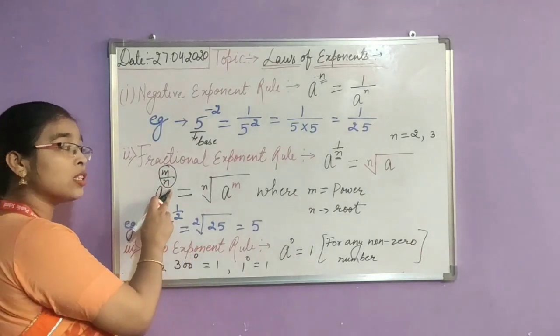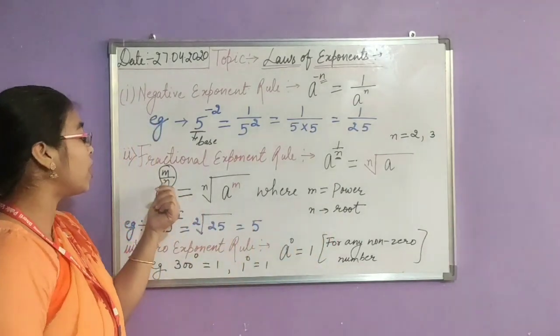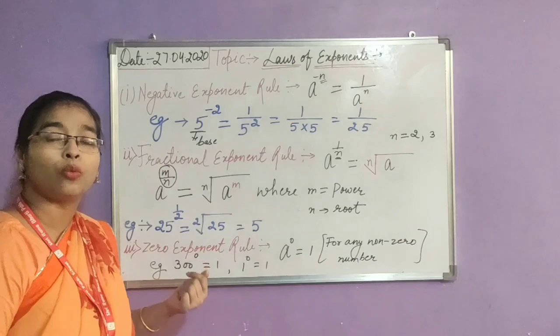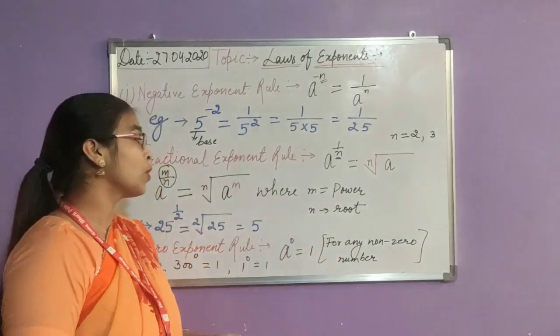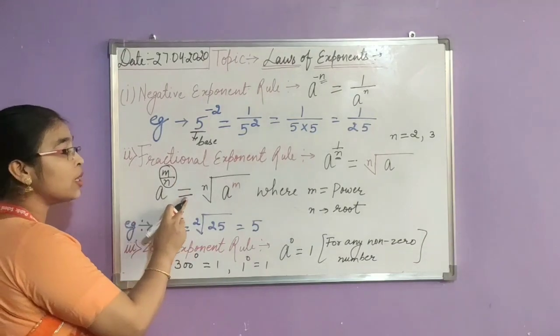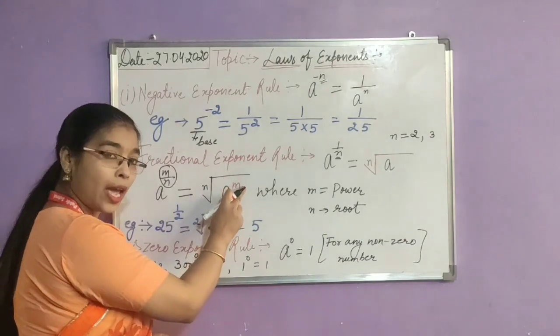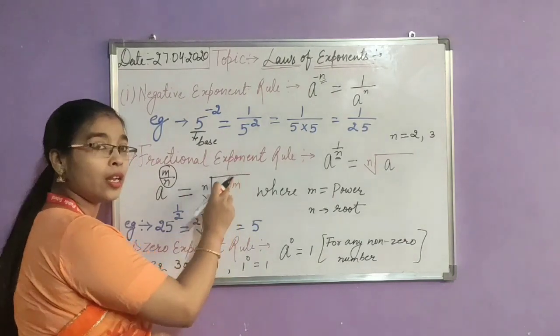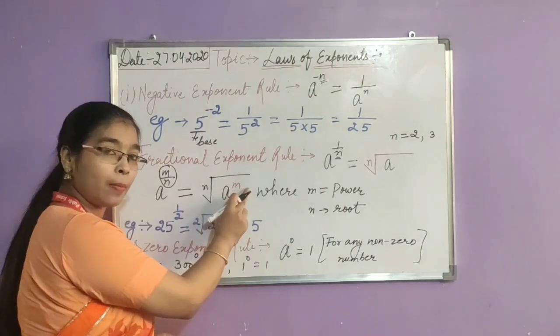If here square is there, it will represent the square root. If we are having the value of n equal to 3, then it will represent the cube root. So a raised to the power m upon n is equal to a raised to the power m, its nth root. Nth root of a raised to the power m.